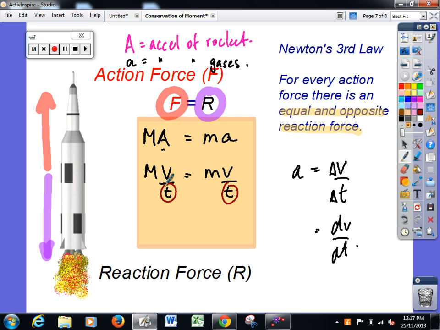Happy with that? If t is the same on both sides, what can we do with it? Right, it cancels. And what are we finally left with? MV equals mv. So that's capital V, and that's lowercase v. In other words, what does this say? The forward momentum must equal the backward momentum.